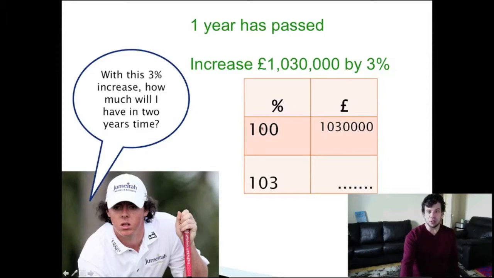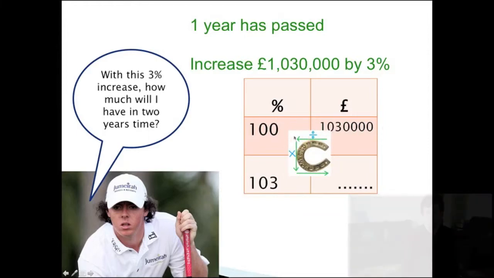What is 3 more than 100? 103%. Exactly the same as before, the DM horseshoe. £1,030,000 types into your calculator, you'll divide that by 100 and then multiply your answer by 103.